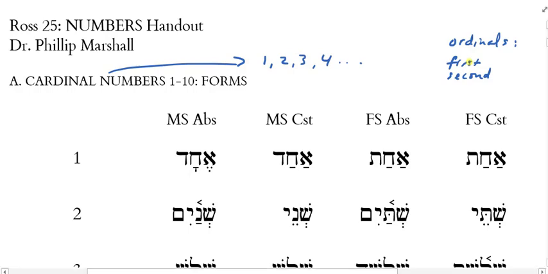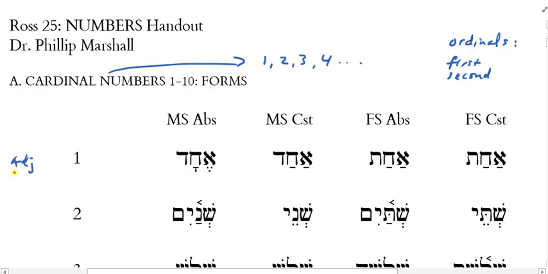All right, so the thing that we have to remember about numbers in Hebrew is that most of the numbers we're dealing with are nouns, not adjectives, okay? That is really critical. The numbers, the cardinal numbers, are nouns, not adjectives for the most part. Our exception is the number 1, okay?